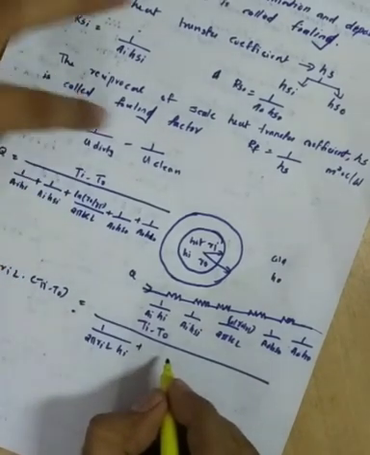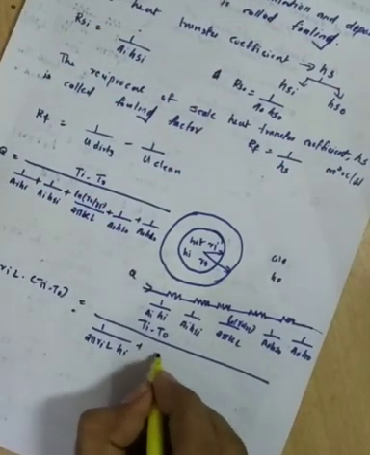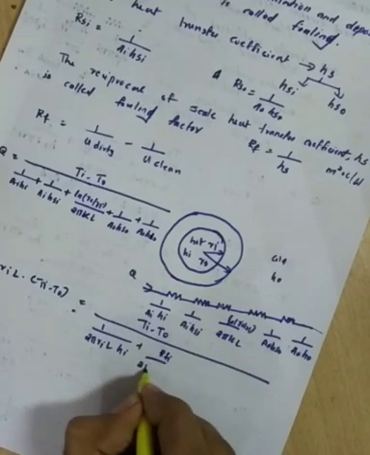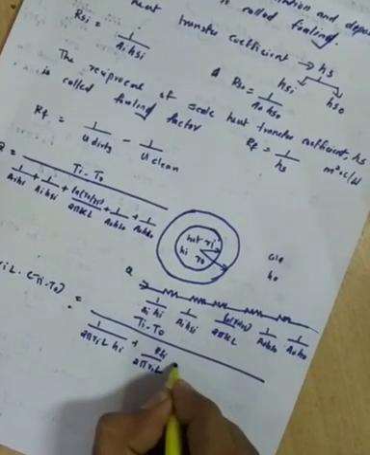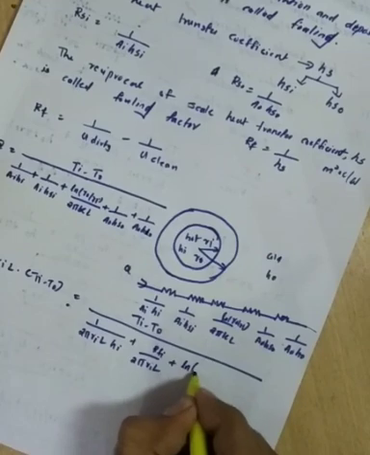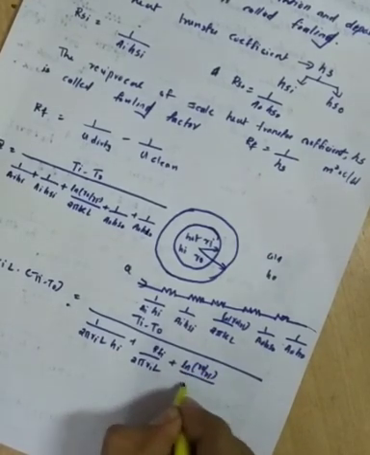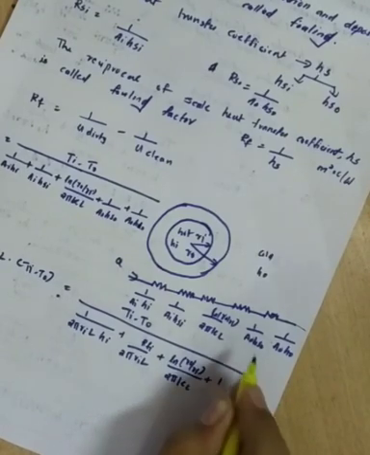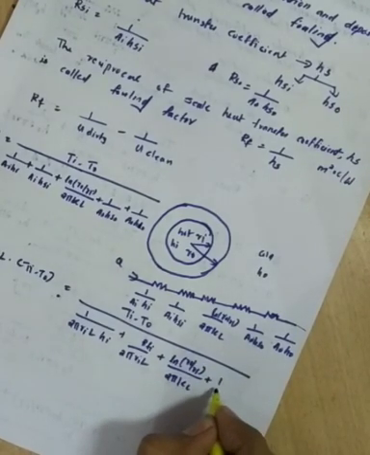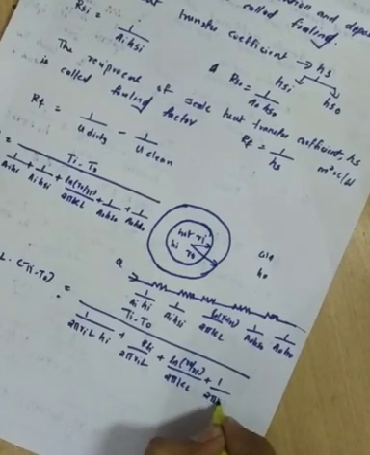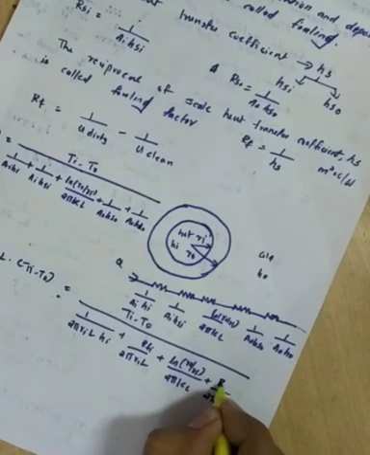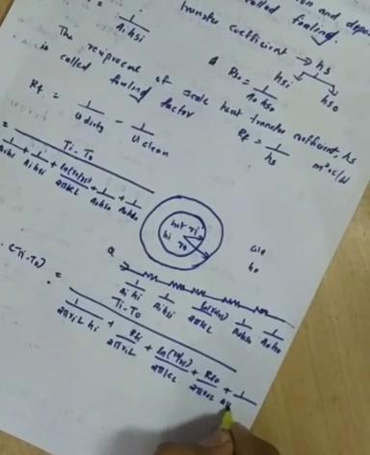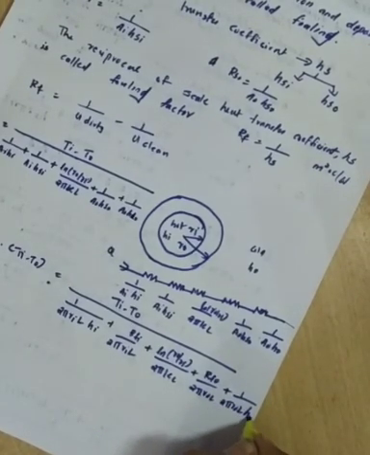I am putting 1 by HS as RF, this is RFI, divided by 2 pi RIL, plus log RO by RI by 2 pi KL plus 1 by 2 pi ROL into RFO plus 1 by 2 pi ROL HO.